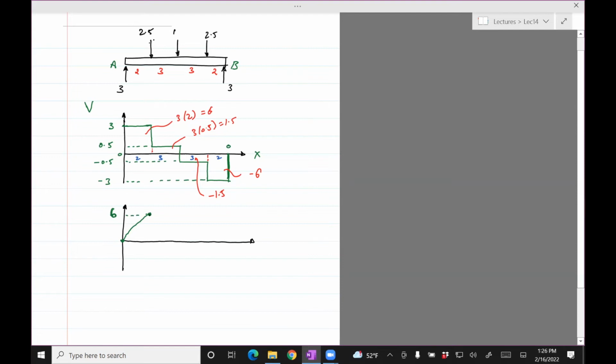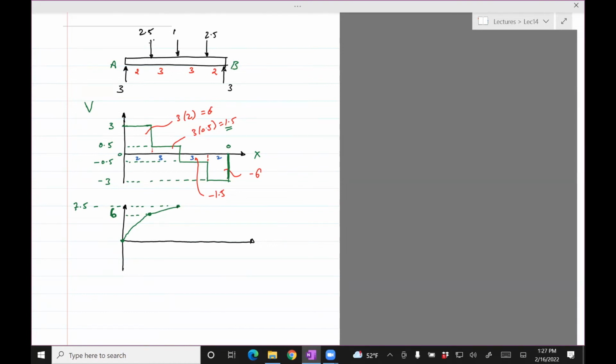So then we have the area is 1.5. So the next point is going to be 1.5, which needs to be added to the previous moment. So 1.5 plus 6 is 7.5. Again, it's a straight line, same reasoning, the integral of a constant is a straight line.